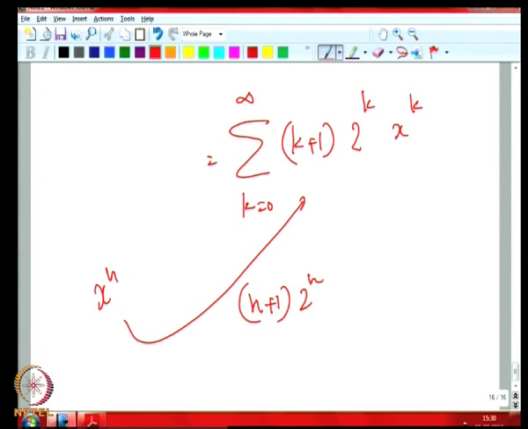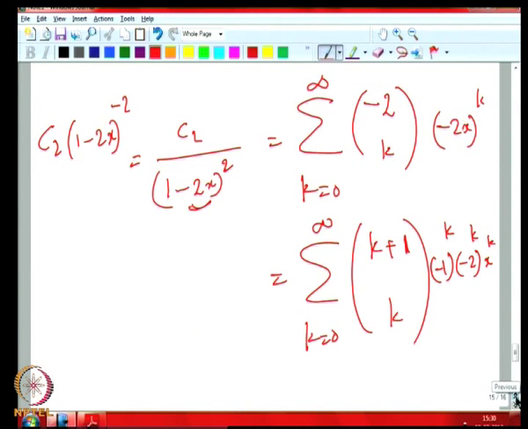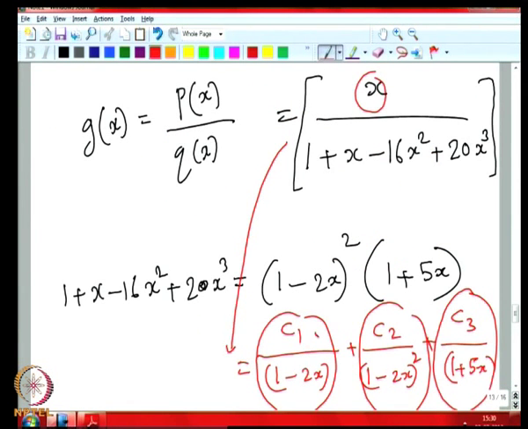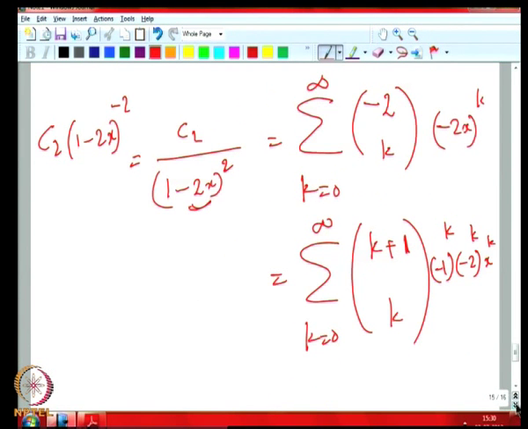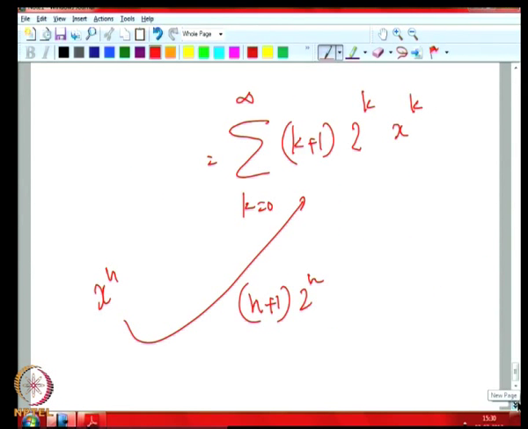Similarly, we can find that those other terms are easier. For instance, these terms are easier to handle, as once we know c1, c2, c3, we will easily be able to get the coefficient of x raised to n.